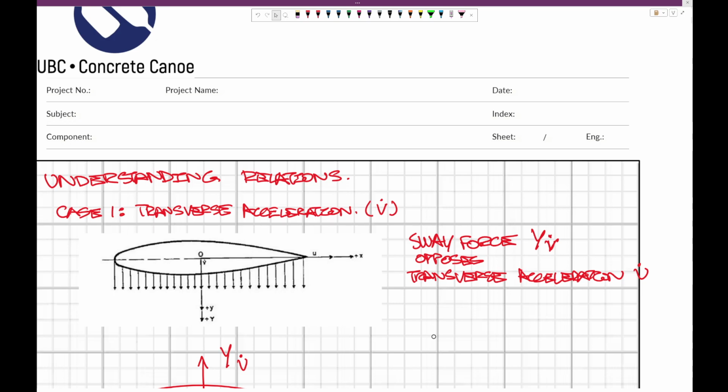So you would have a sway force with respect to that acceleration, denoted as Y sub v dot, and that opposes your transverse acceleration. This is kind of intuitive. If you push something in the water, it's not just going to go in that direction. There is some force opposing it. It's basically the water that opposes your movement.